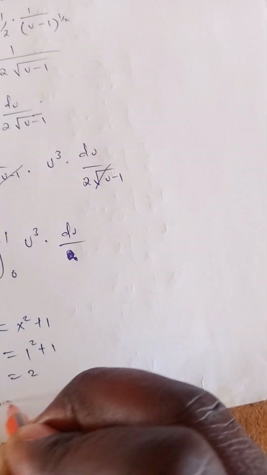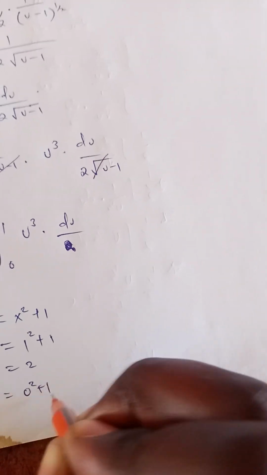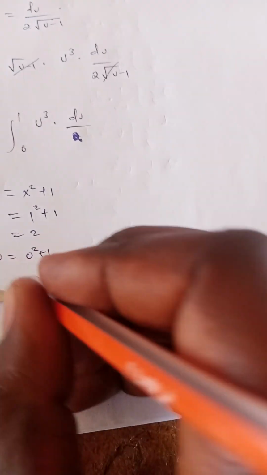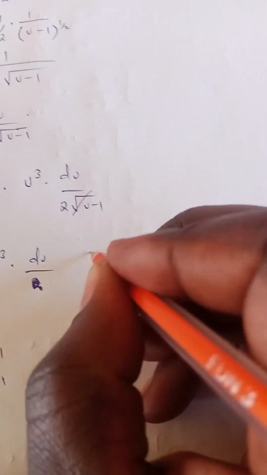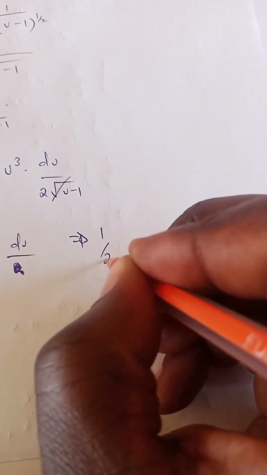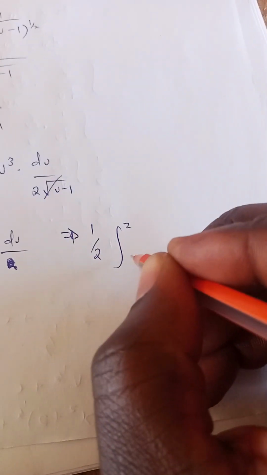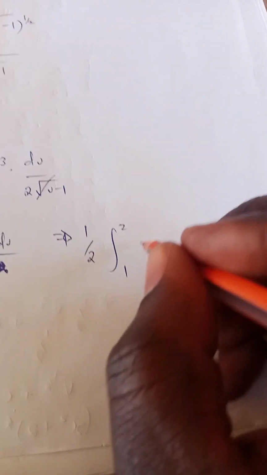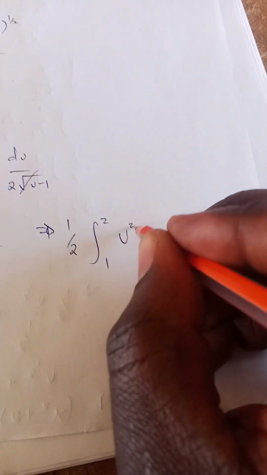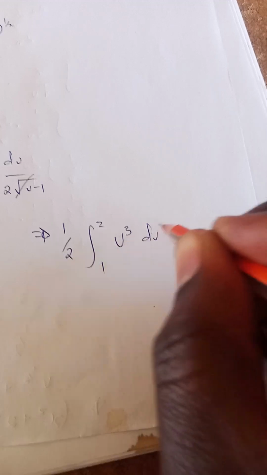Then the lower limit is going to be 0 squared plus 1, which is just going to be 1. So those are the limits that we're going to use. So finally we're going to have this, then 2 and 1 here, so that now we have this.